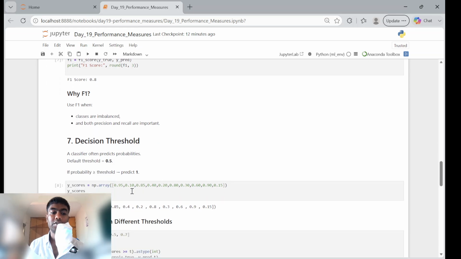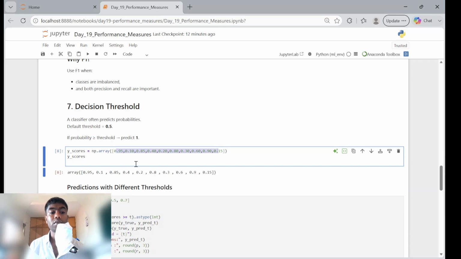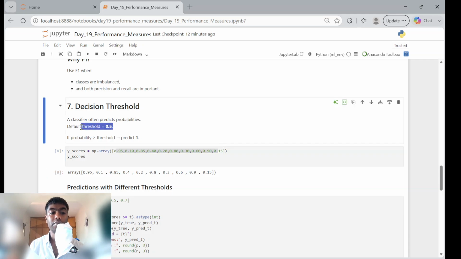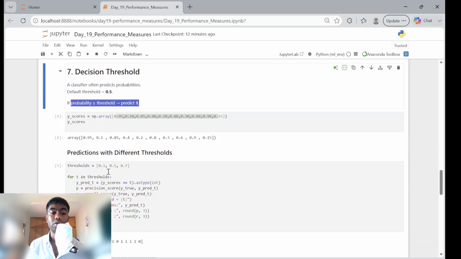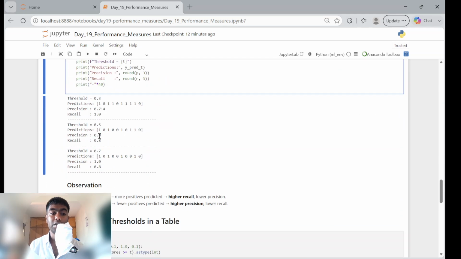And decision threshold is another parameter that we also use in performance measures. It helps us understand how accurately a model would perform with an unknown set of data, right? So let's say we are given these set of values and a default of 0.5. Let's consider that. And if there is a higher threshold, then we get different predicted values.